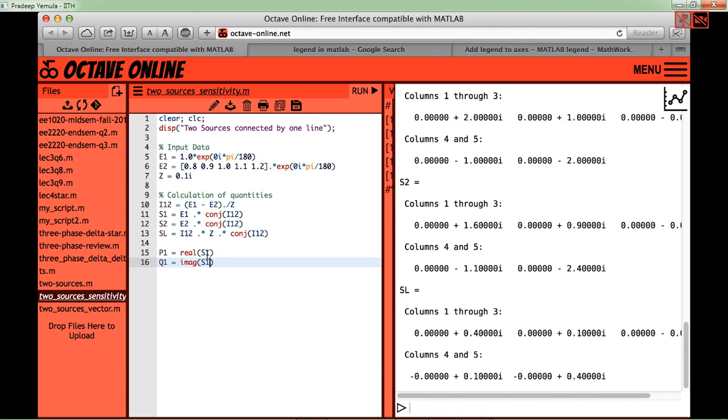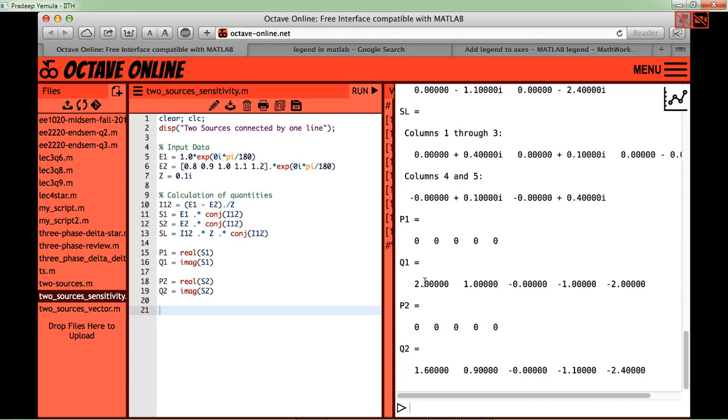So I am using two different functions in line numbers 15 and 16, P1, Q1. Similarly, I can copy this and I can get P2 and Q2 for the case of S2. Now if I run it once again, you see P1 values. So P1 all zeros, Q1 some values, P2 all zeros, and Q2 some values.